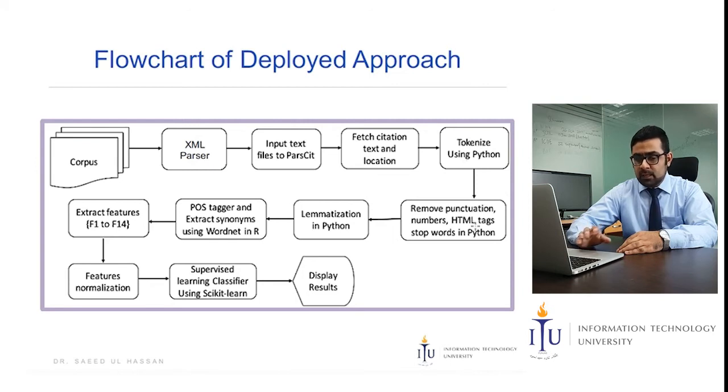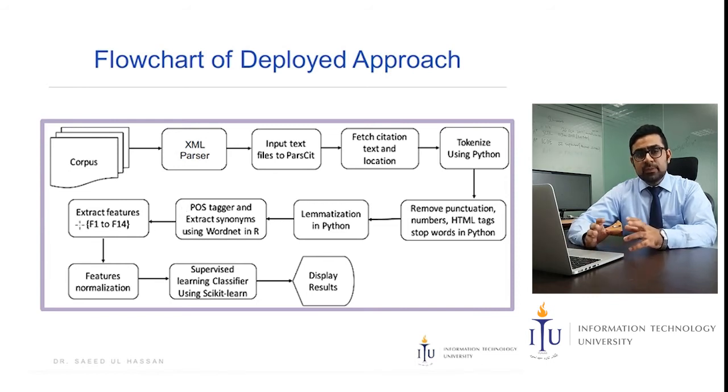Further, we performed removal of punctuation, HTML tags, and stop words, which are standard lemmatization or pre-processing techniques. We also had a POS tagger that was used to extract synonyms using WordNet to enrich the vocabulary for matching the abstract with the keywords around the citation, for instance.